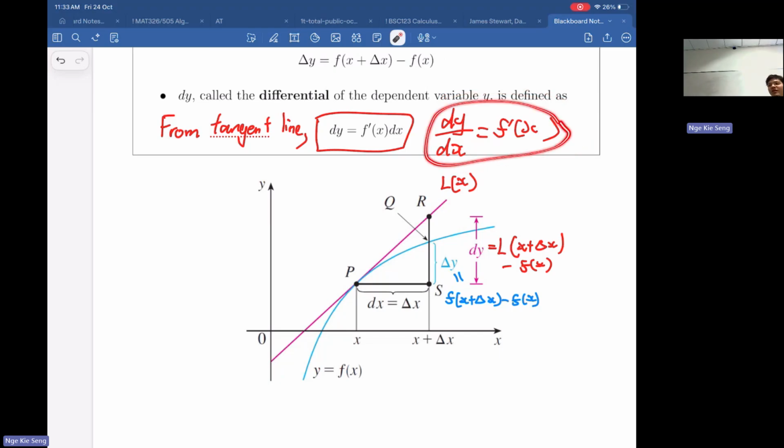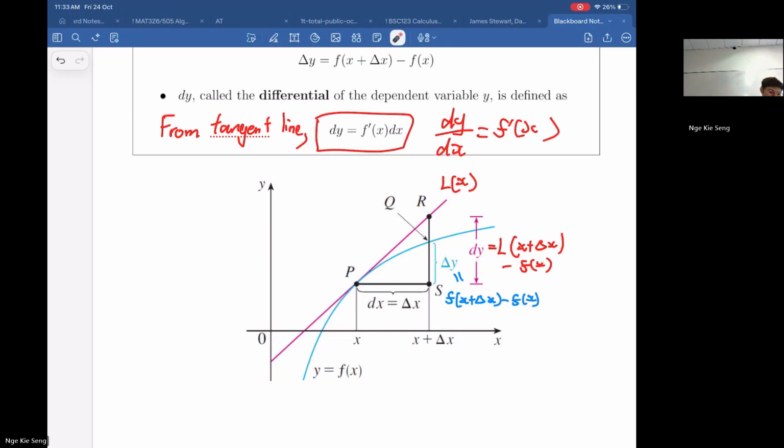This is what we learned last time, but we never learned what is dy, what is dx. Now you can interpret dy as the distance between the tangent line and the actual point, and dx is the change in the x direction. Dy is the change in the y direction.